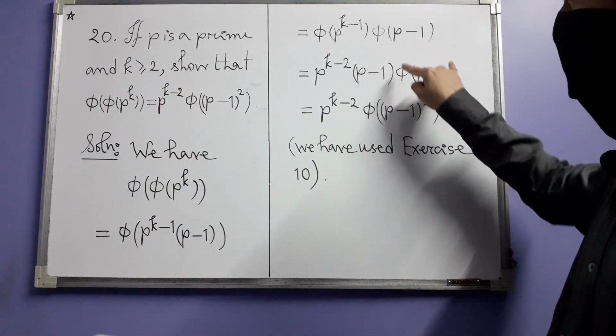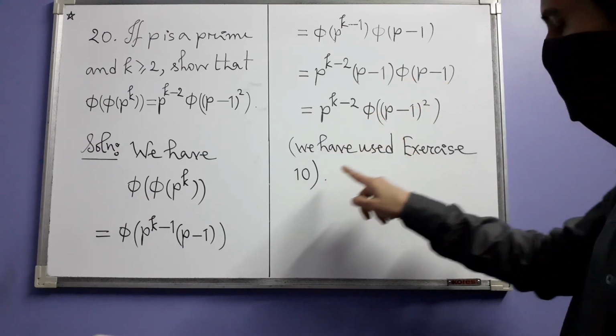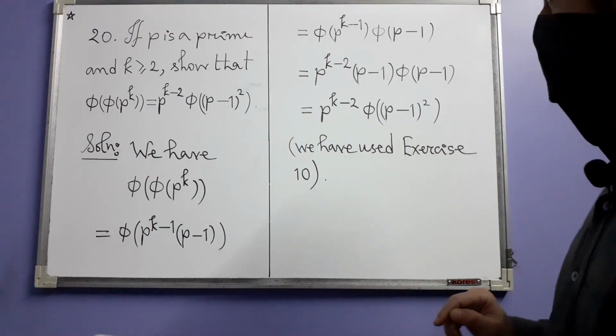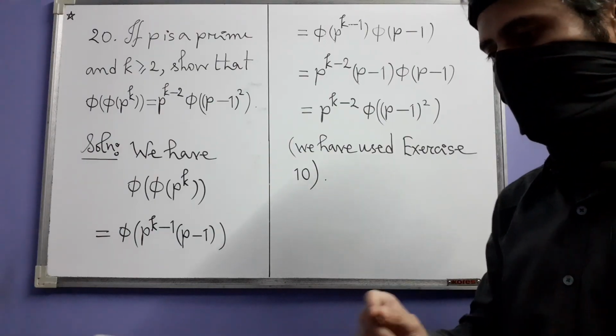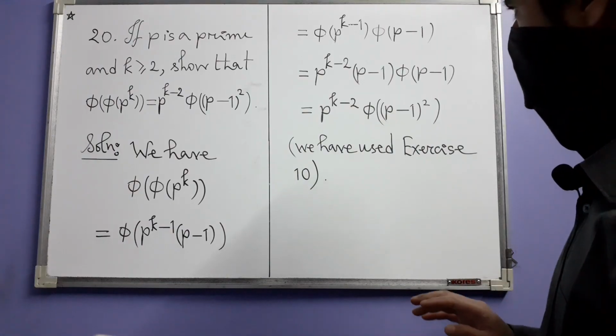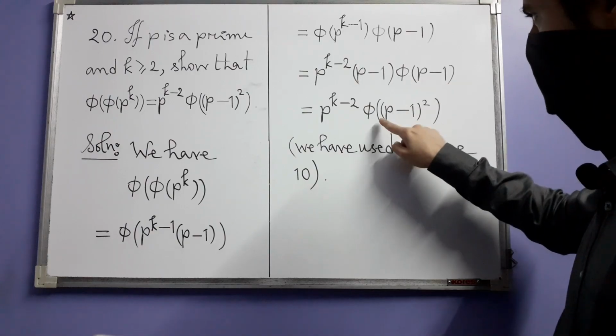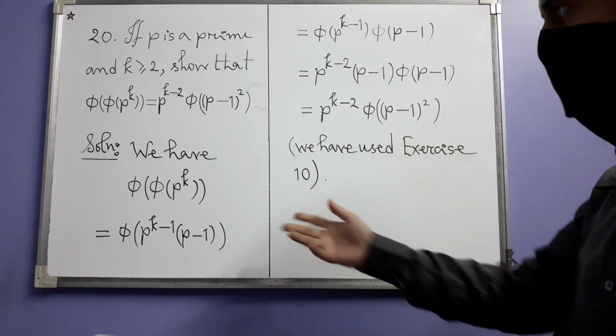And we keep this one as it is. But then in the last step, you go back and see what exercise 10 tells you. It tells you that phi of n squared is n times phi of n for any positive integer n. So from there, p minus 1 times phi of p minus 1 becomes phi of p minus 1 whole square. So that's the solution.